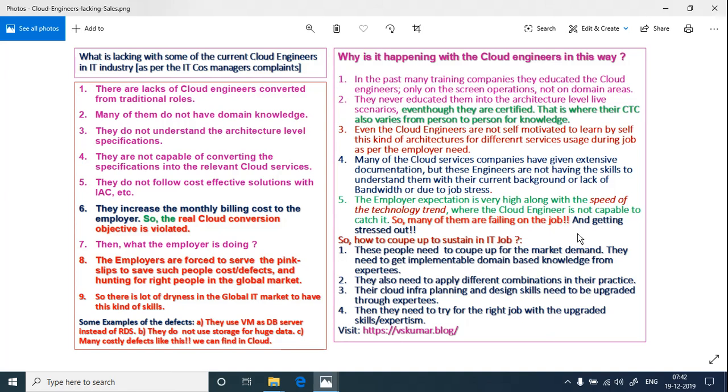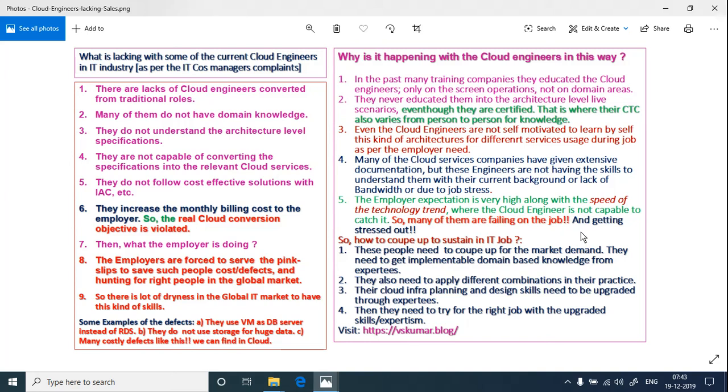A cloud engineer might be a techie guy who can create any kind of service in minutes or seconds, but the domain knowledge is lacking. Many organizations need to thrive to augment the skills in domain knowledge also, but it's not happening, and these cloud engineers get stressed out with management pressure.